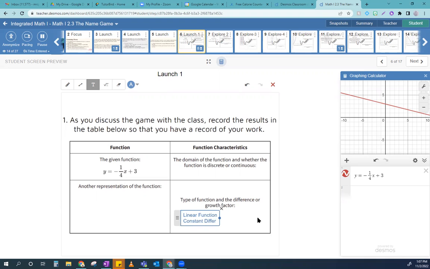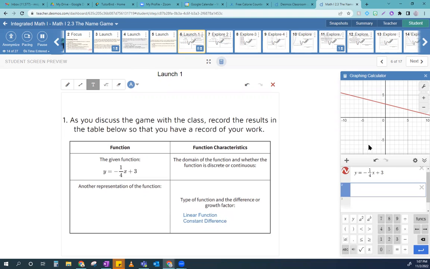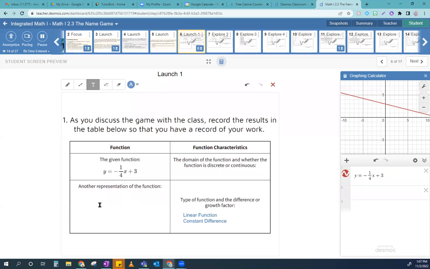Remember? Let me show you. If I make a table, what's the best way to do this? Oh, I'll put my table right here. So when I make my table of values right here, if I plug in 0, what would my y be? Yeah, 3.